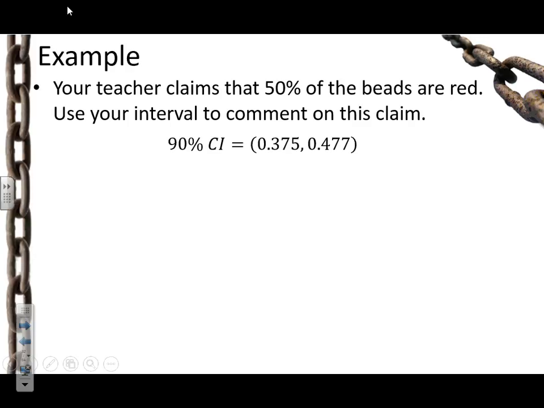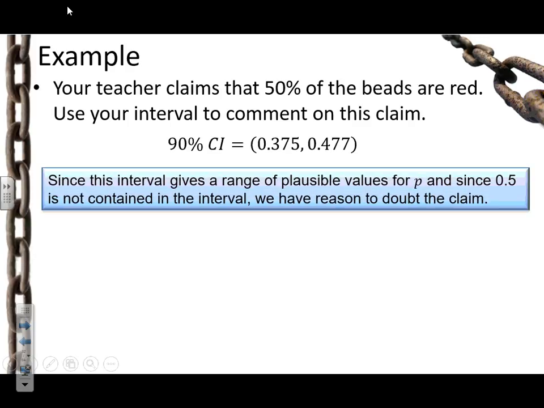Right now, we're saying that the plausible values for the true proportion of red beads, the only ones that should be able to work, are between 37.5% and 47.7%. So 50% isn't a plausible value based on our findings, right? So as far as a comment goes, you just need to say something to that effect.